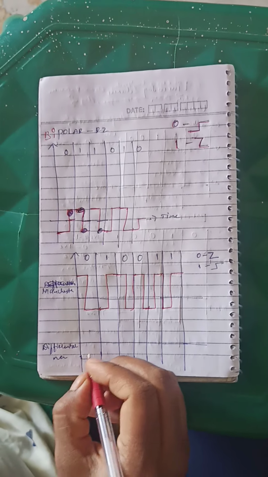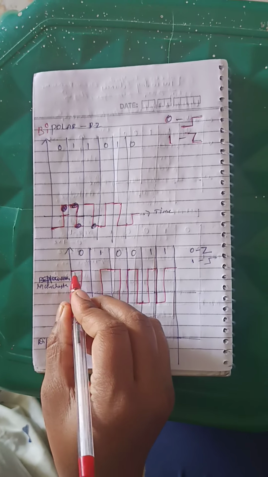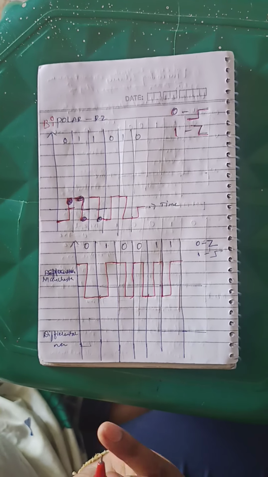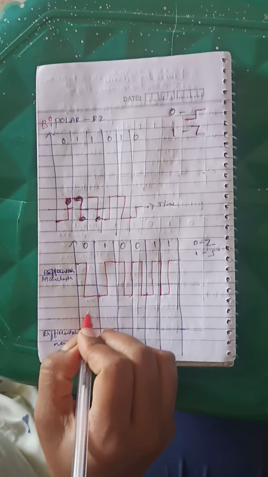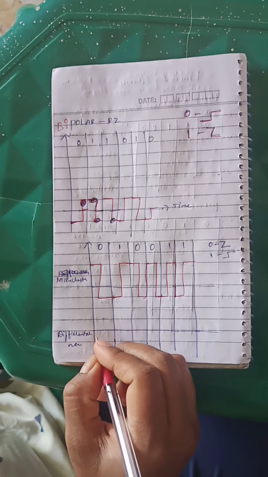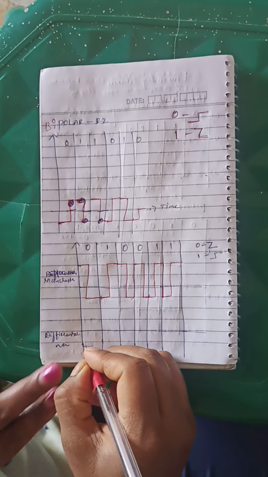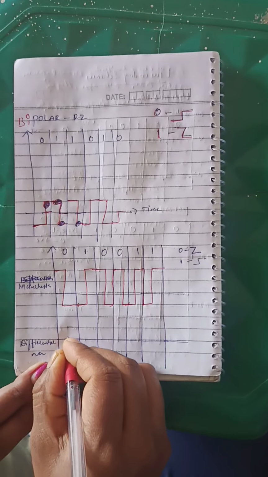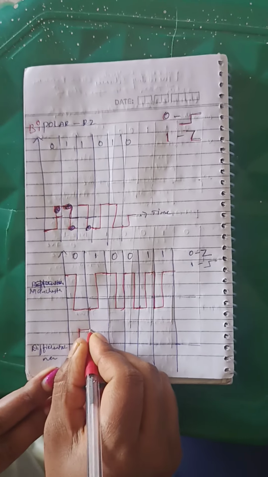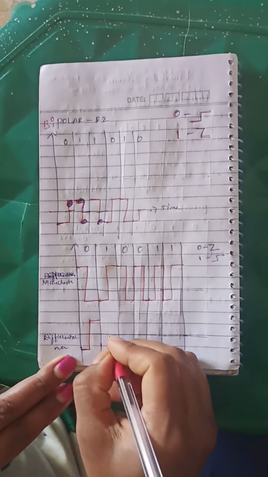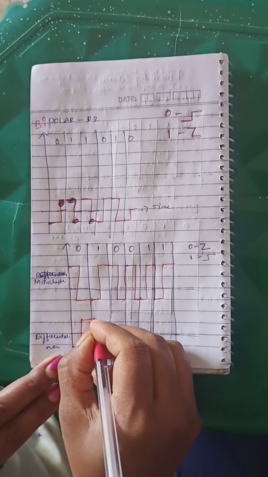In the Manchester we solved 0 as high to low; in the differential Manchester, if it is 0, it should be low to high. Again if it is 1, it will be high to low.